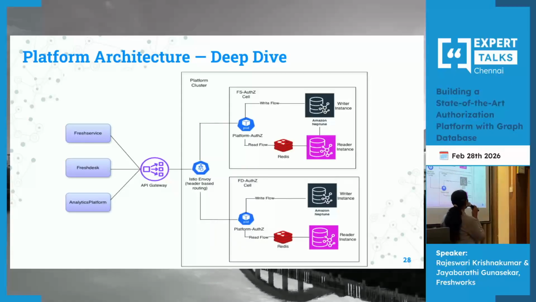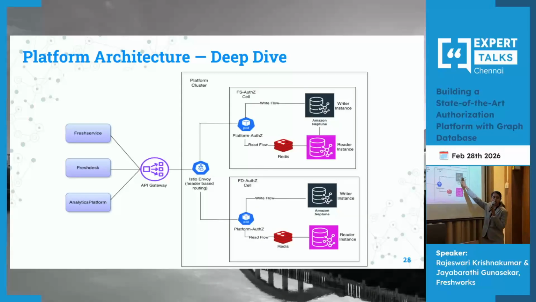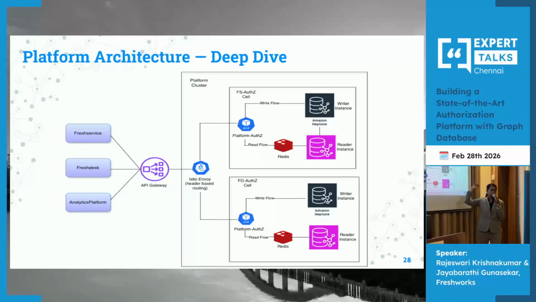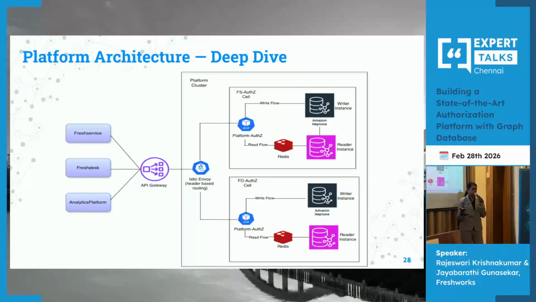This is a writer instance and this is a reader instance. This is the architecture of Neptune. As I was telling, Neptune has one single storage layer and multiple query engines built on top of it.